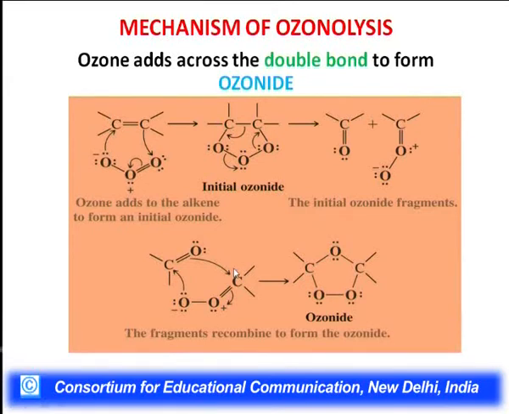This oxygen will attack this carbon, which is now electrophilic, through the lone pair of electrons, resulting in the formation of the ozonide. Now, once the ozonide is formed, it reacts with zinc. So what does zinc do? Zinc reacts with this oxygen, giving us zinc oxide.